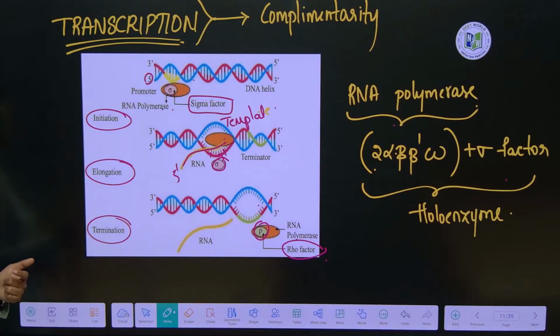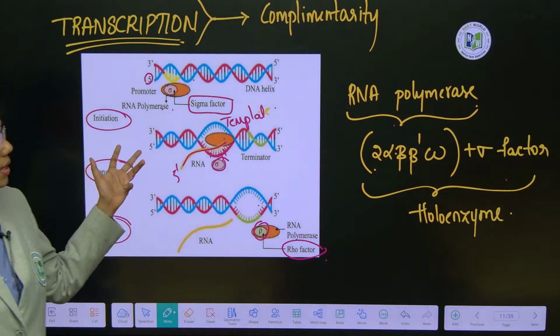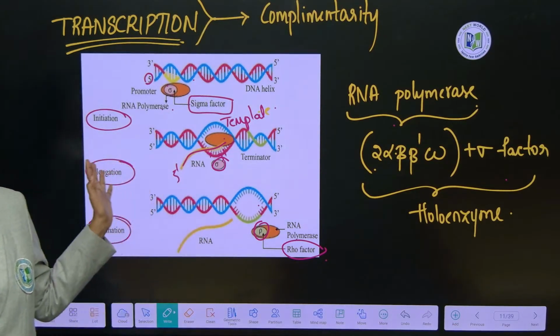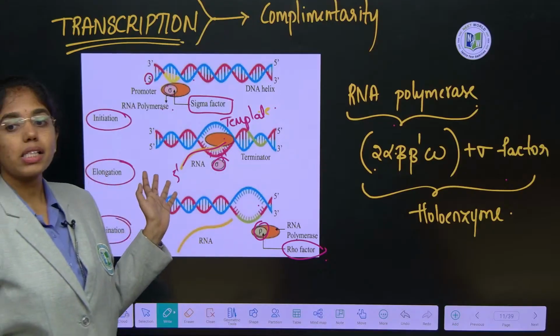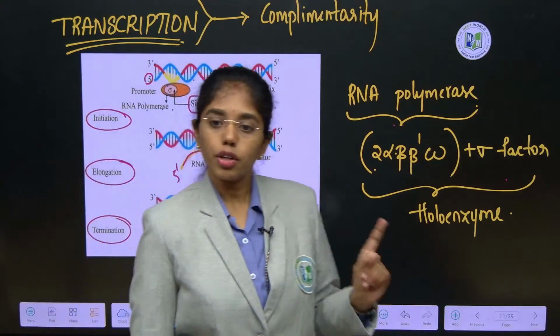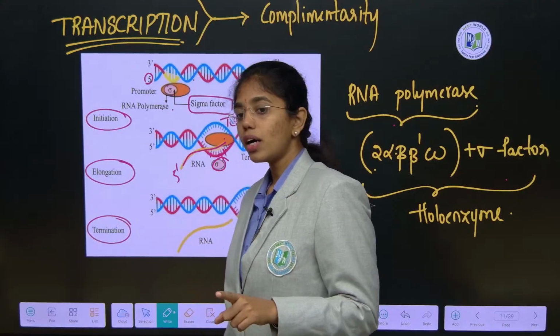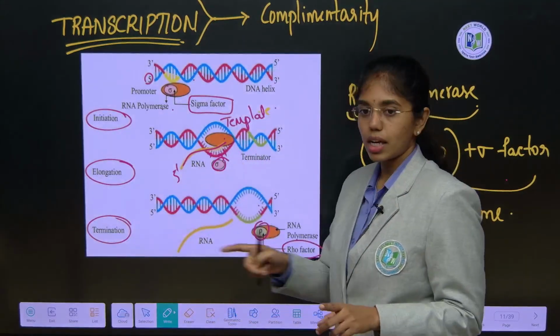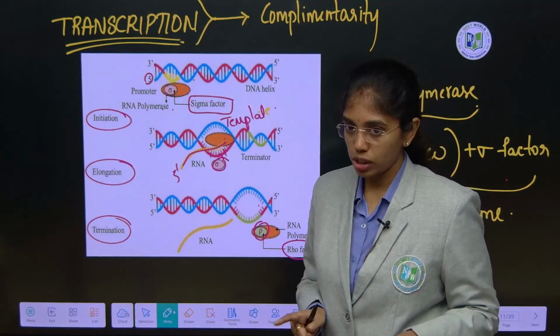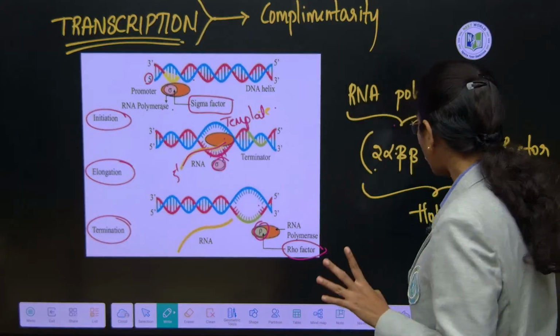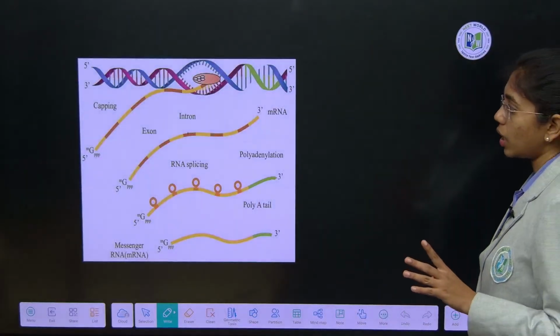Any doubt anywhere? Yeah. Now, this process happens inside the cytoplasm of prokaryotic cell and inside the nucleus of the eukaryotic cell. In prokaryotic cell, the mRNA which is synthesized will not have any intron-exon sequences, but eukaryotes will have intron-exon sequences.